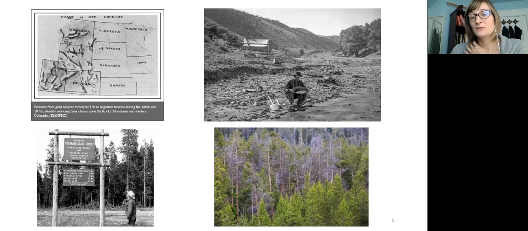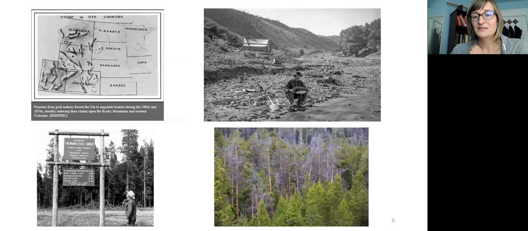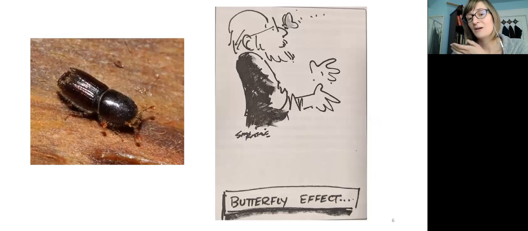And it's a really good example of the butterfly effect that Michael talks about in the chapter, of something small having significant impacts around the globe. And this is the pine beetle that produced these dying pine trees that are now ablaze.